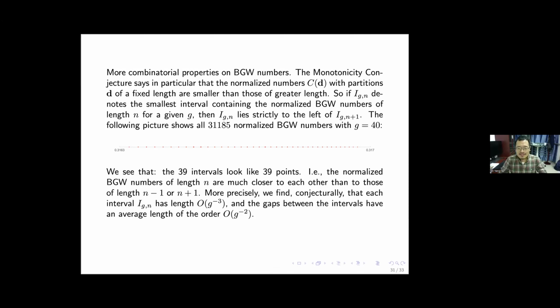So I will just speak some more about combinatorial properties of BGW numbers. The monotonicity conjecture says that the normalized numbers C_d with partitions d = (d_1, ..., d_n) of a fixed length are smaller than those of greater length.